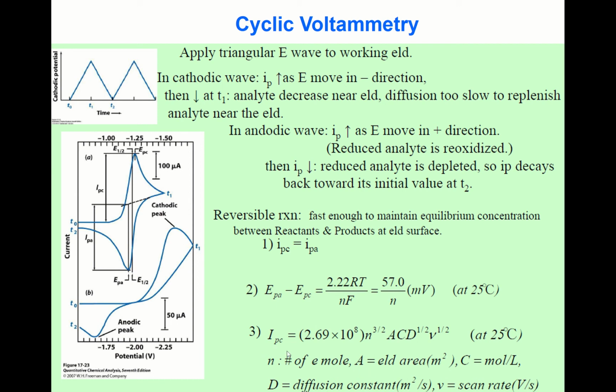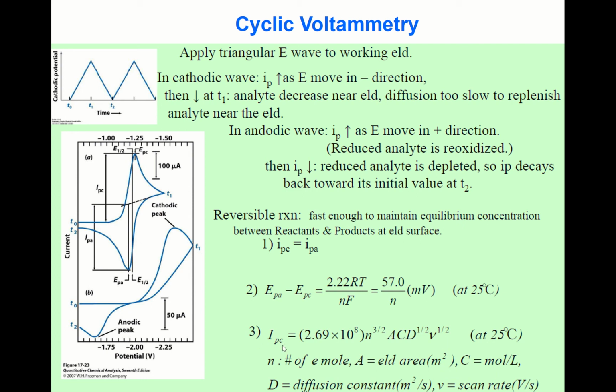Okay, IPC equals 2.69 times 10 to the 5 times n to the 3/2, multiplied by the electrode area, multiplied by concentration, and multiplied by the square root of the diffusion coefficient. This D is the diffusion coefficient, and also multiplied by the square root of the scan rate.